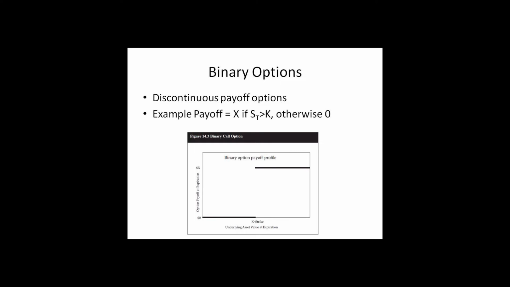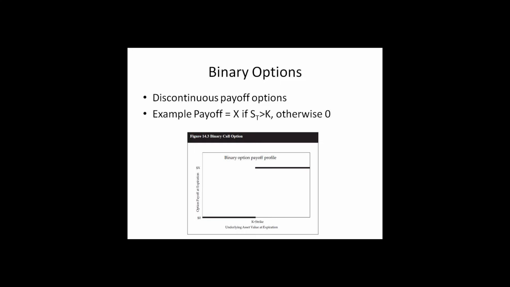Our next options are binary options, and these are discontinuous payoff options. So instead of the payoff of a binary option being something like the difference between the spot price at expiration and the strike price, it'll just be a simple, we'll say, $1 payoff.